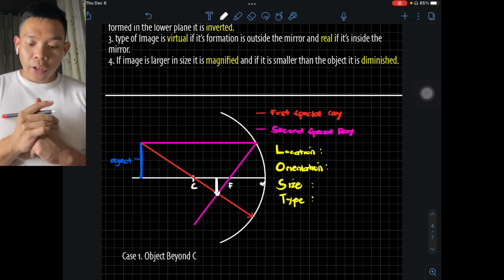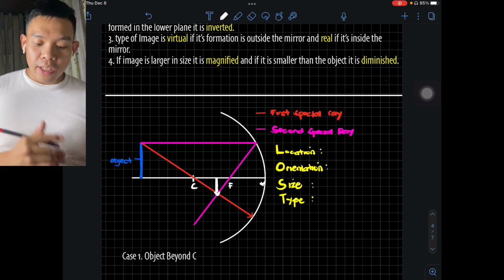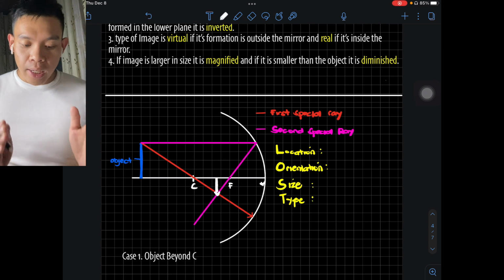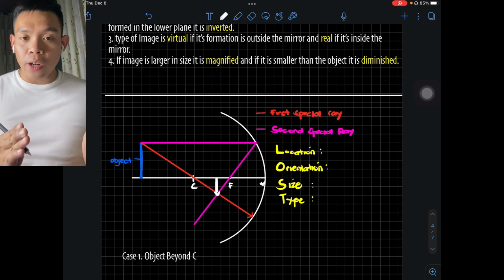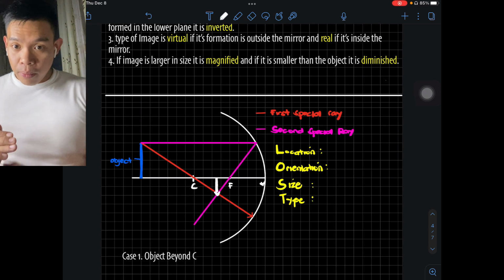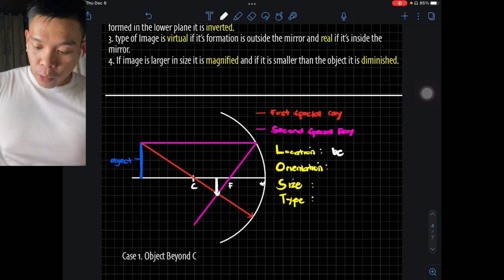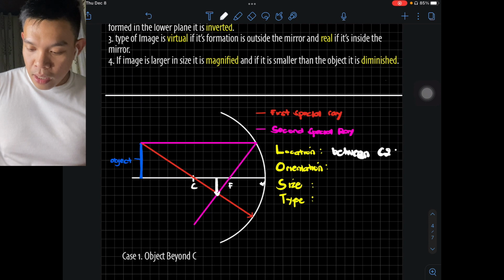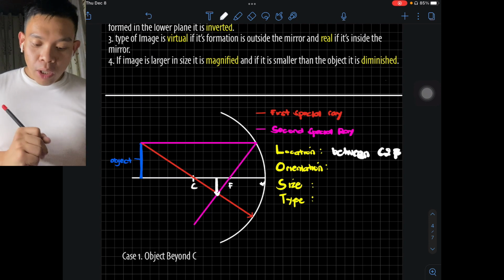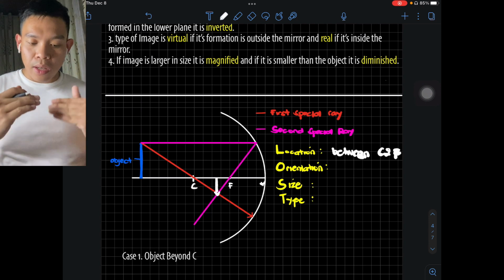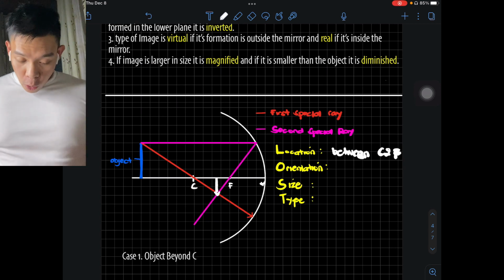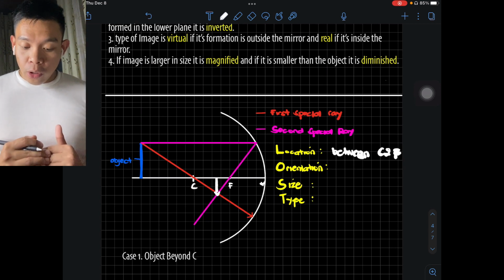Okay, so the image is in the color white, rather. So let's start with the location. The location of the image is between the center of curvature and the focal point. So we have between C and F. Well, the orientation of the image is formed below the plane or lower plane.